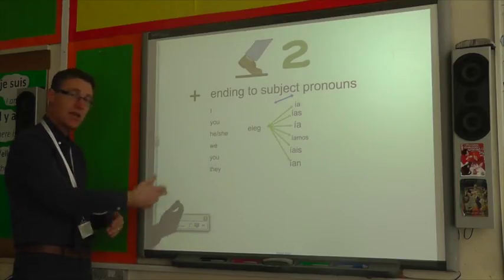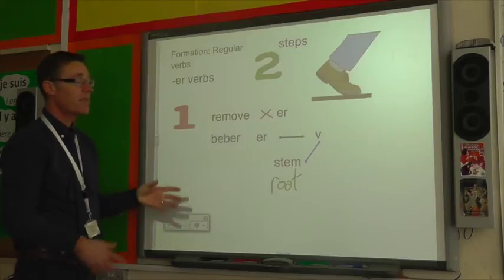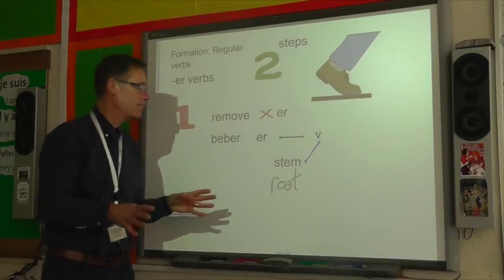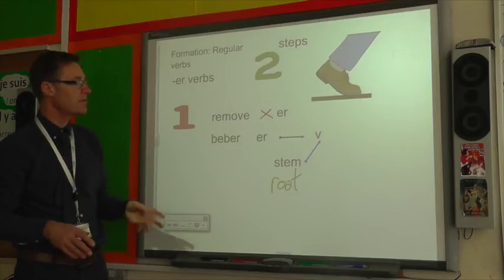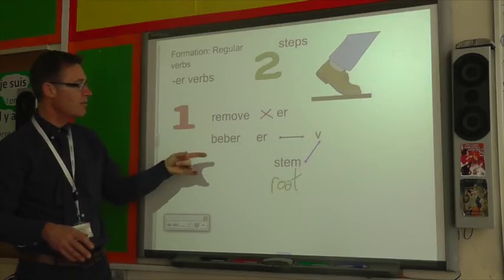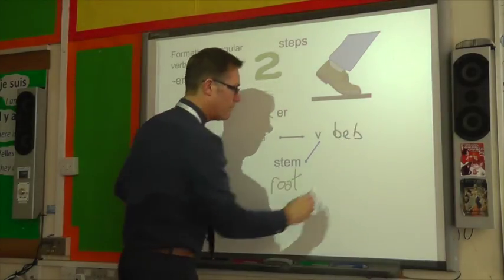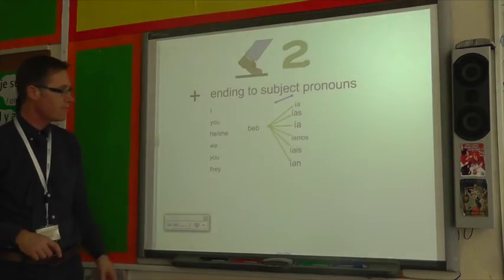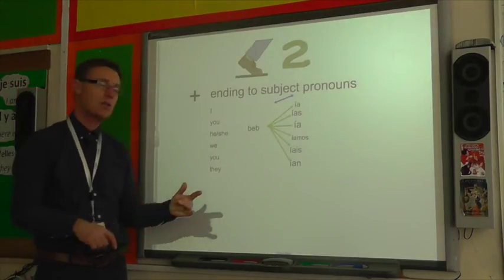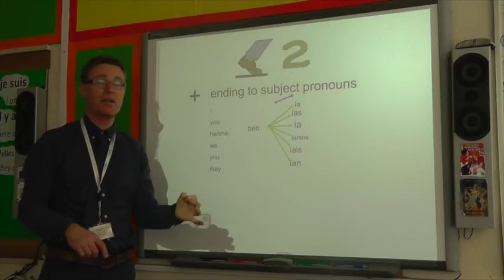Okay, let's turn on to an ER verb, the third category of verbs we have in Spanish. Process is exactly the same. Take our verb beber, to drink. We want to make that into our root, so our root is going to be beb. And from that, we're going to add these endings. But what you notice, these ER endings are exactly the same as the IR endings.